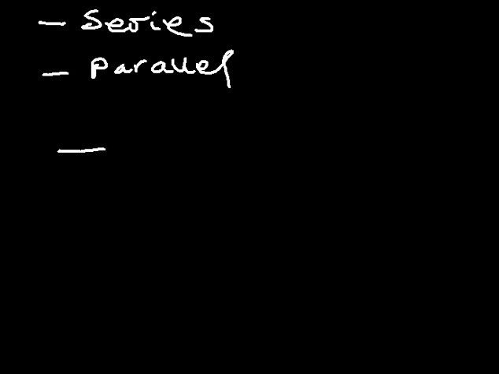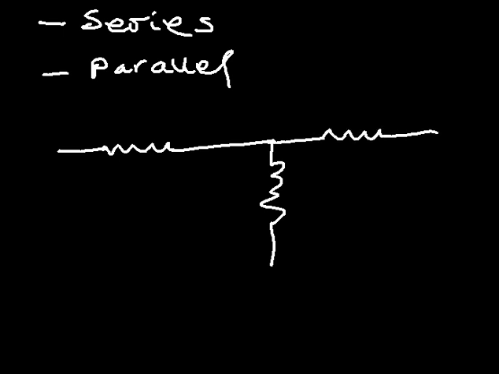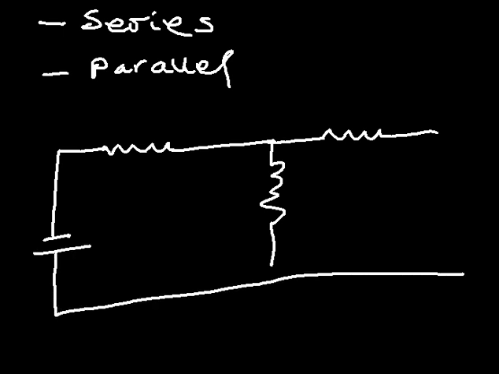Let's say we have this typical circuit, which portrays the parallel circuit. Now let's say this is resistor 1, this is resistor 2, this is resistor 3, and this is the voltage from the battery.